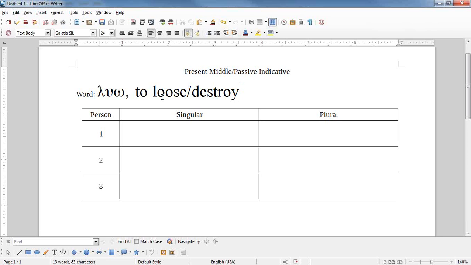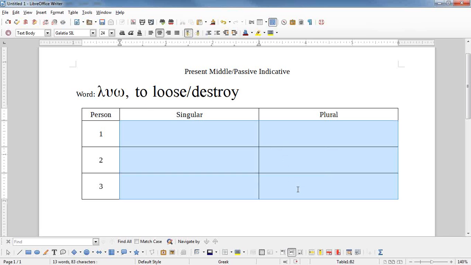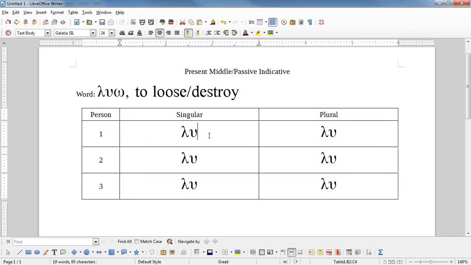Okay, so we're going to use luo again, and again we're going to start off with our stem, because that doesn't change. So copy the stem, and I'm just going to paste everything. Boom, right there. I'll let you guys do that.